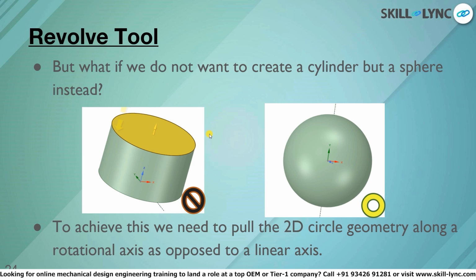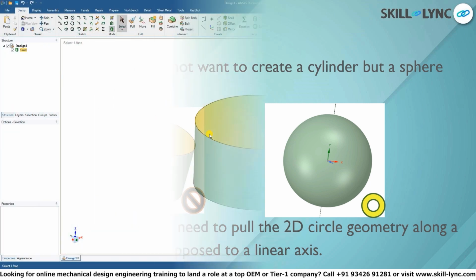Logically, we would assume that we'd use a circle, 2D geometry as a base for creating our sphere, similar to how we created the cylinder. However, you don't want to extrude the 2D circular geometry in a straight line. You wish to, however, revolve the circle around itself to create the sphere.